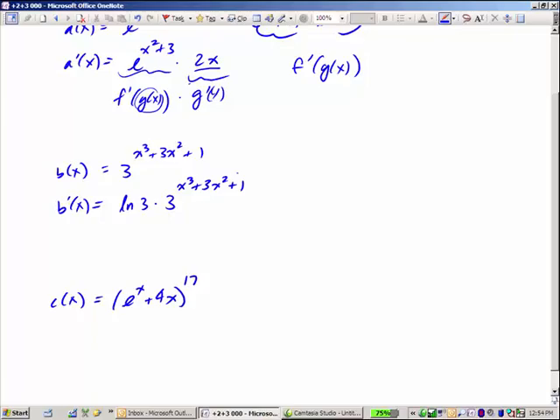Johnny Shortcut would be like, oh, 3 to something is just ln 3 times 3 to something. But Zach, you're no Johnny Shortcut. Perfect. I'm just going to draw that under to show you that that's the chain. That rule comes from the fact that it's a composite function.